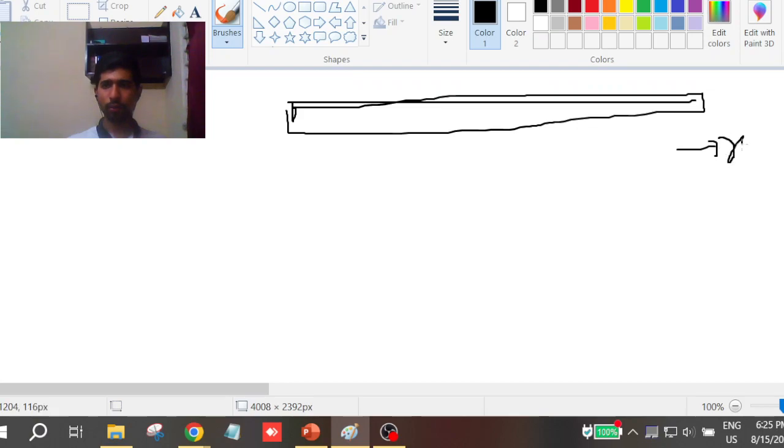This end is maintained at 0, or it is exposed to air, or has some specified heat flux, and this end is maintained at 100 degrees. So how will the temperature vary over this region? That we try to analyze using the diffusion equation.